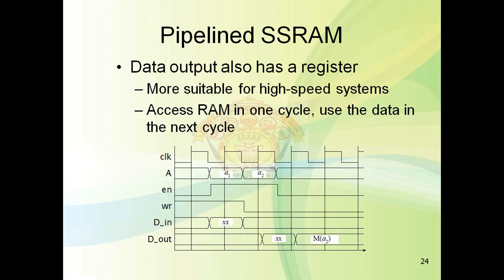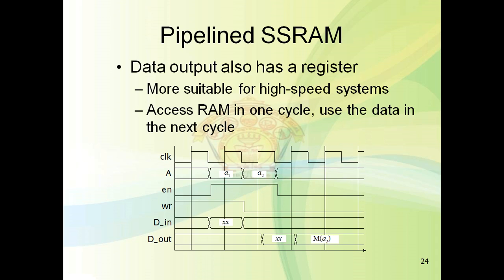Then we will discuss the pipeline SRAM. This is another type of SRAM. It has a register on the input side as well as on the output side.